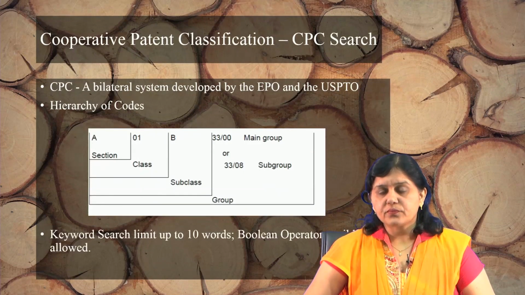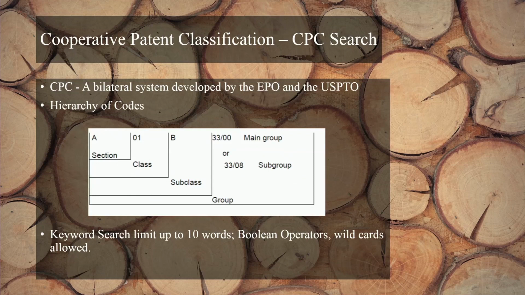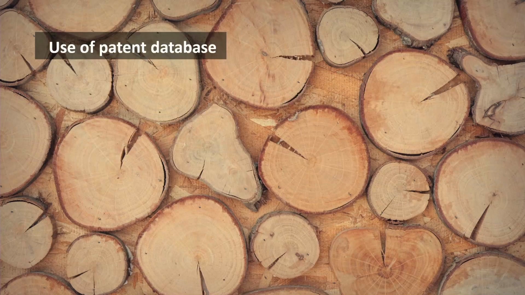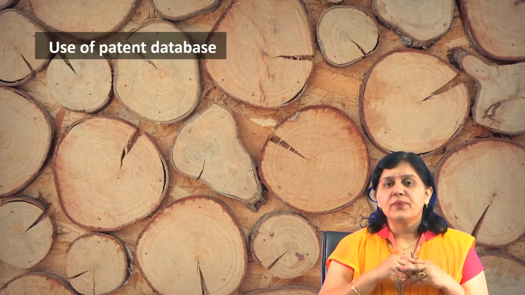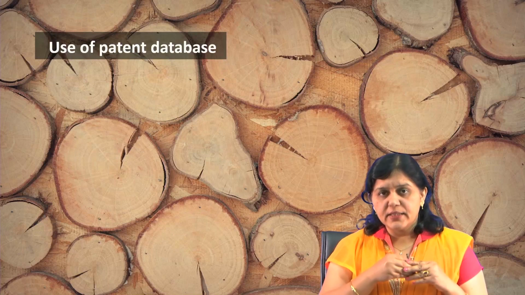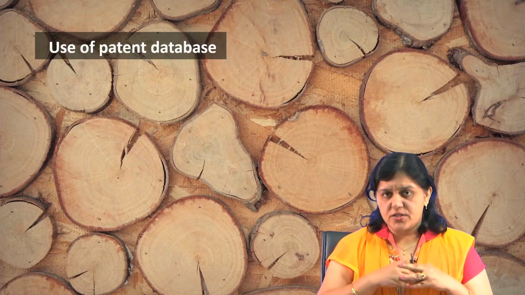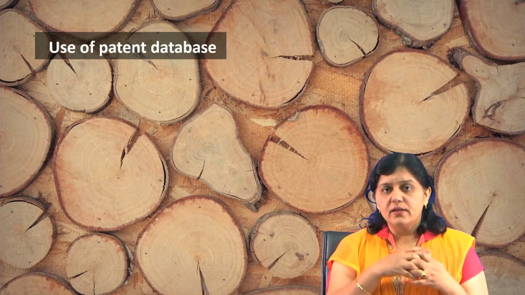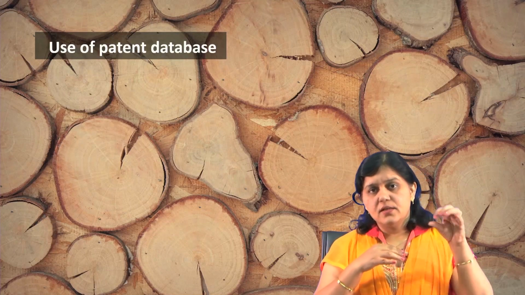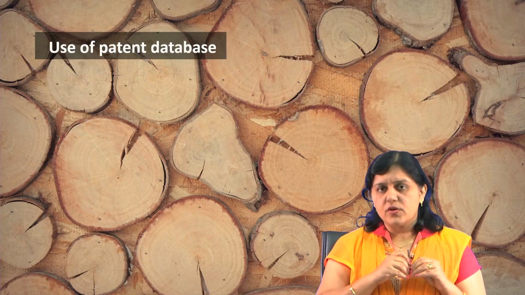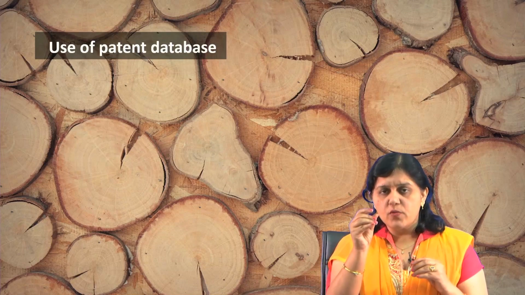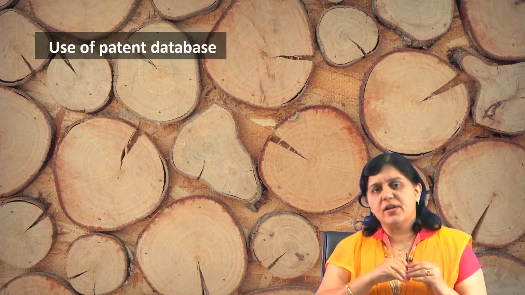Now, the next is the use of a patent database; you have seen this much. We have gone through enough of the technical things: smart search, advanced search and classification search. You have seen very clearly how in smart search you provide only one search term, and then you can move further and refine that.